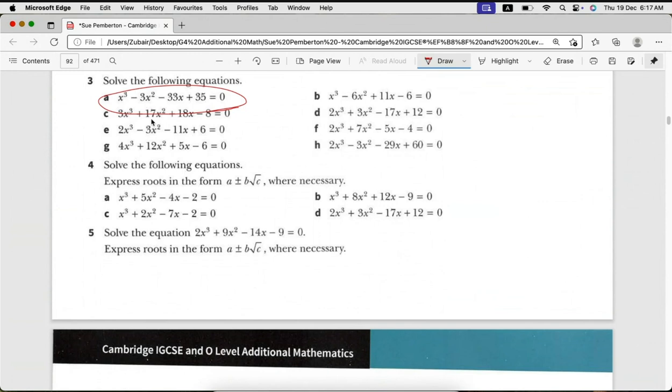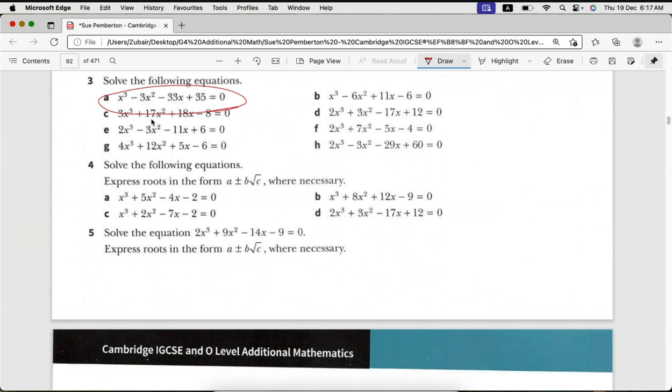So I'm writing 1 cube minus 3 into 1 square minus 33 into 1 plus 35 and I'm getting 0. That was just luck that I got it the first time. Maybe it would have been 2 or 3 or minus 1, minus 2 or minus 3.